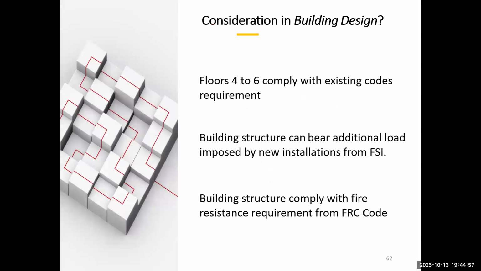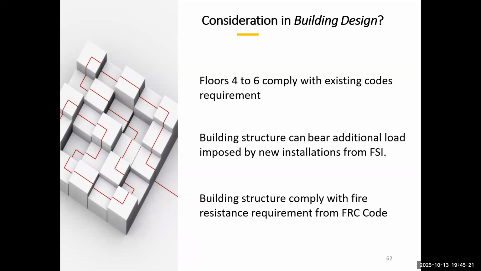So the initial check will be done for floor 4 to floor 6. The initial check shows that the upper office floors still comply with the code of escape and the code of access, which are for our building design.